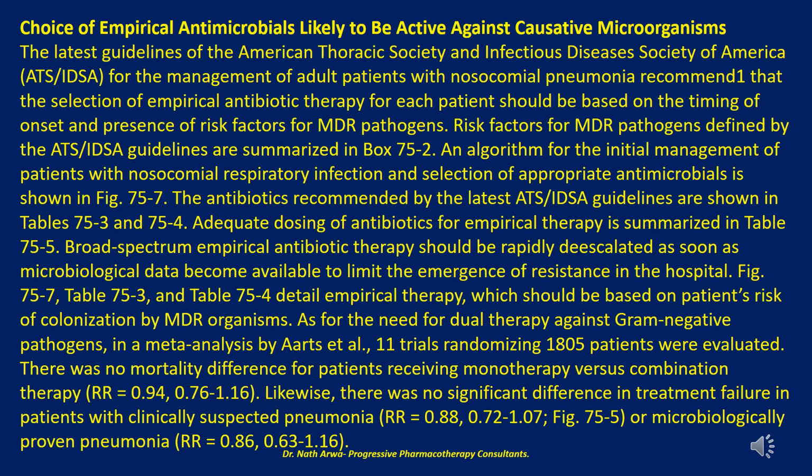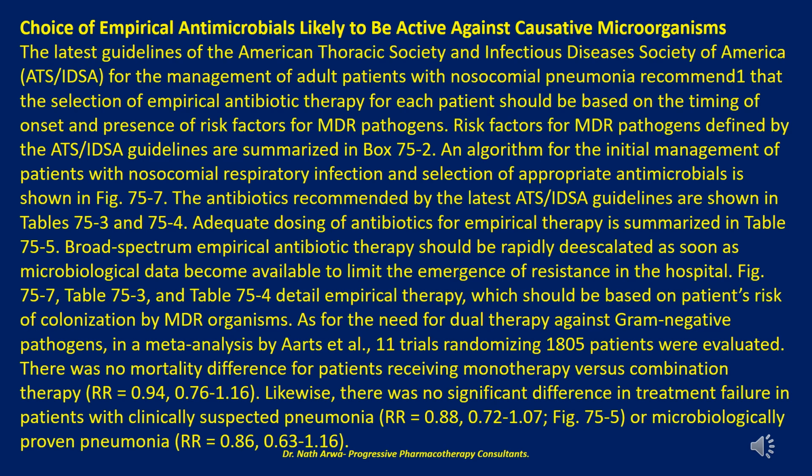As for the need for dual therapy against gram-negative pathogens, in a meta-analysis by Arts et al., 11 trials randomizing 1805 patients were evaluated. There was no mortality difference for patients receiving monotherapy versus combination therapy, RR equal to 0.94, with a 95% confidence interval of 0.76 to 1.16.